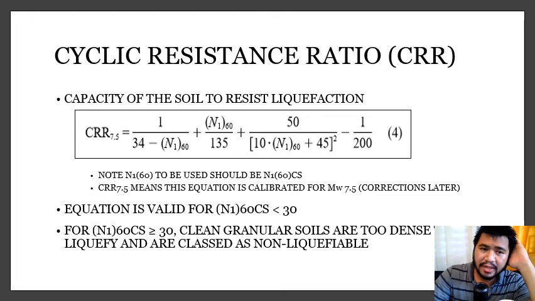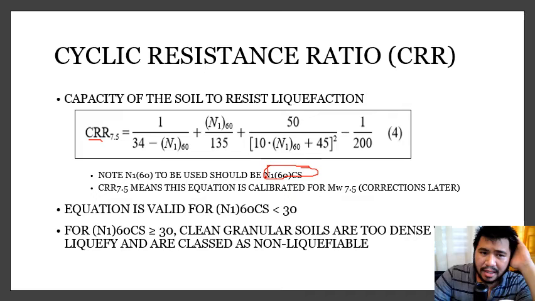And here's the formula: CRR 7.5. You can see here a rather complicated equation. I'm not going to discuss the detail of that, but basically you just need to know the N160 CS.